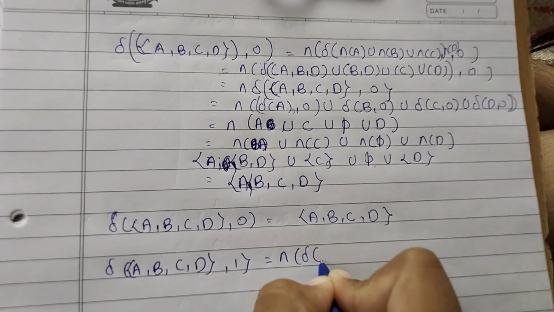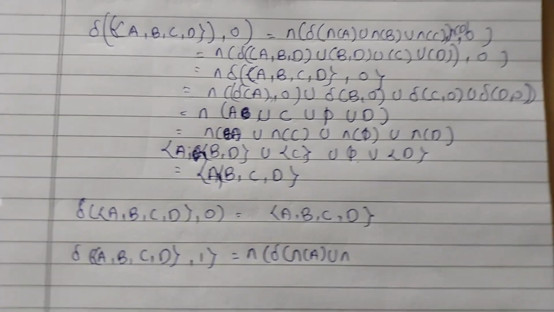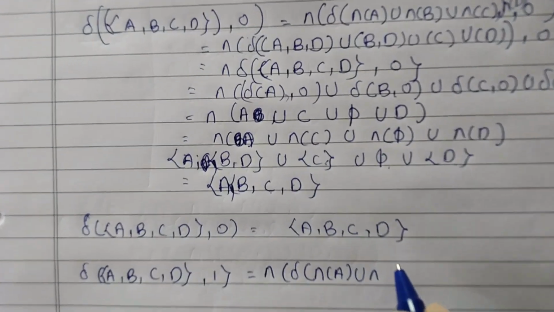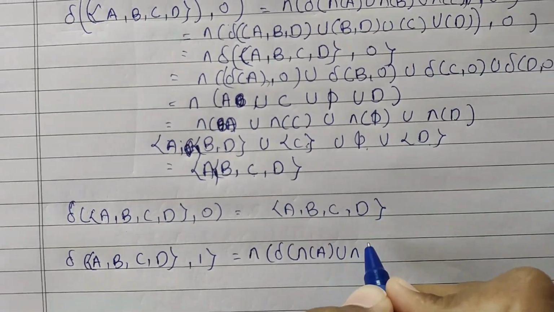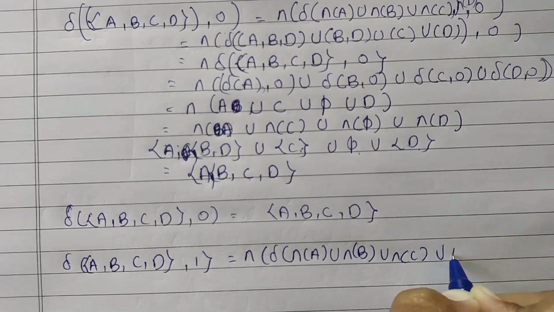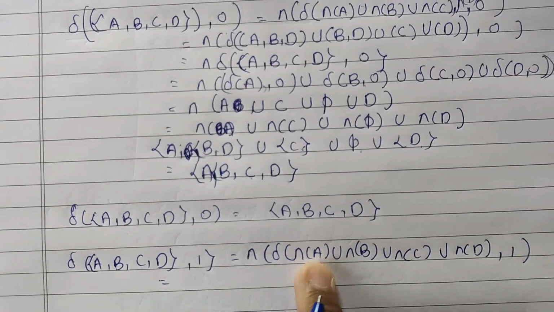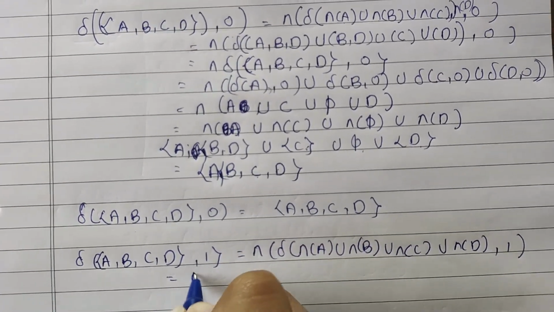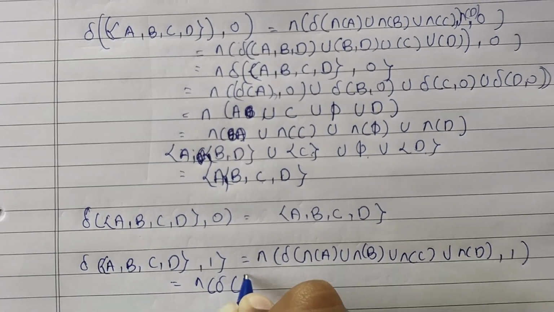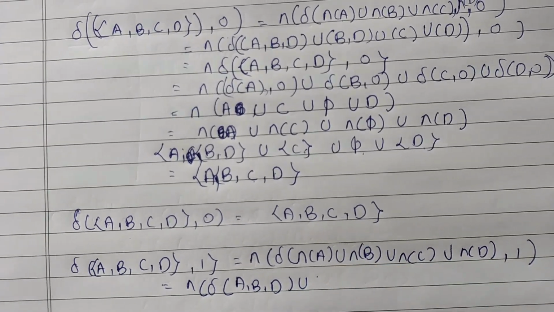Null of delta of null of A union null of B union null of C union null of D comma 1. First give all the nulls for each state inside.